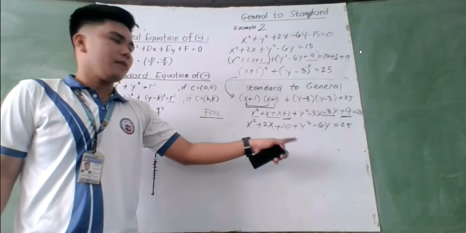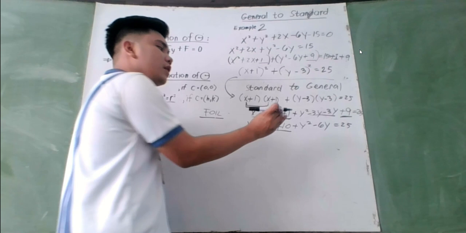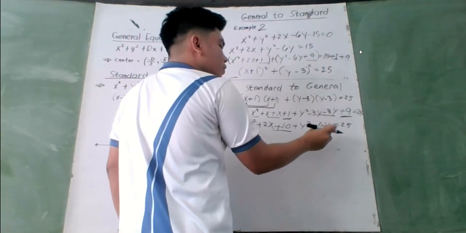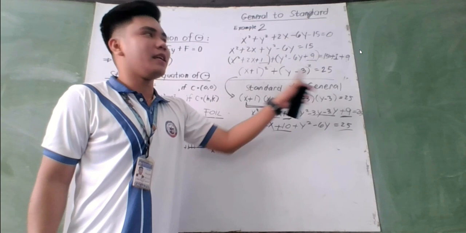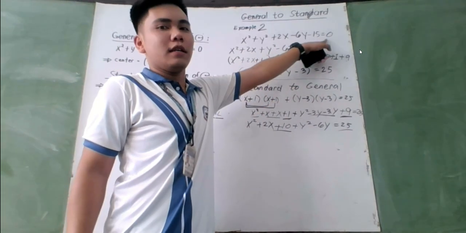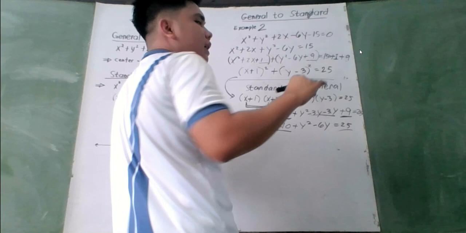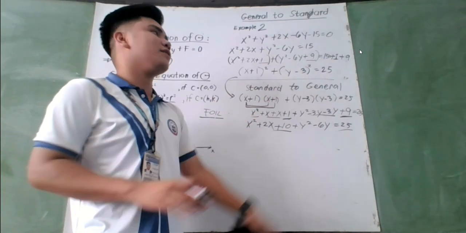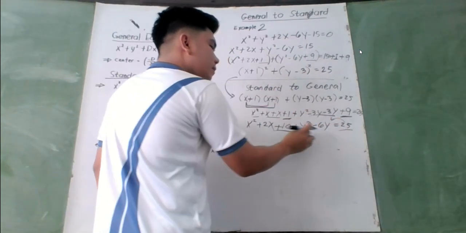Next step, transpose the constant. We only have one constant left. Transpose it to this side and combine it with 10.